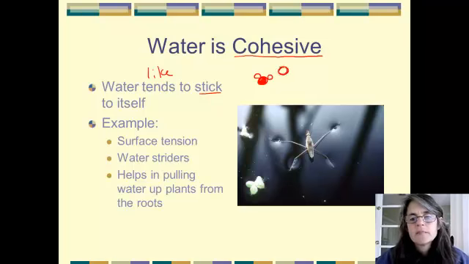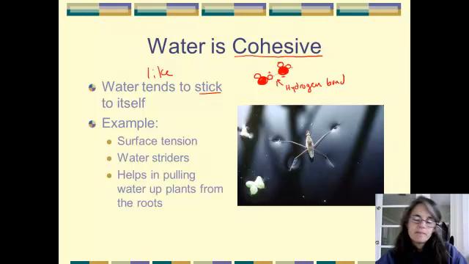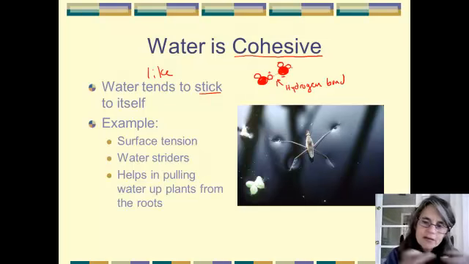And this is a water molecule, oxygen here with two hydrogens. This slightly negative oxygen and the slightly positive hydrogen are going to be slightly attracted to each other, and we call that very weak bond a hydrogen bond. Okay?